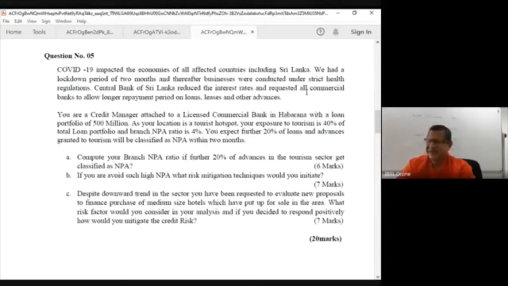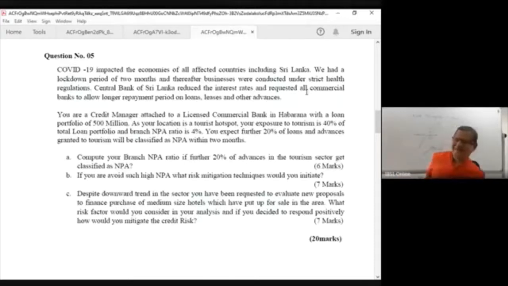So what we have covered is one key risk indicator, that is your NPA ratio. We have covered certain techniques which we use to avoid going into NPA, that is risk mitigation. Risk mitigations are, as I told you initially, taking collateral, covenants, and price. Diversification is to reduce the concentration to one particular industry.